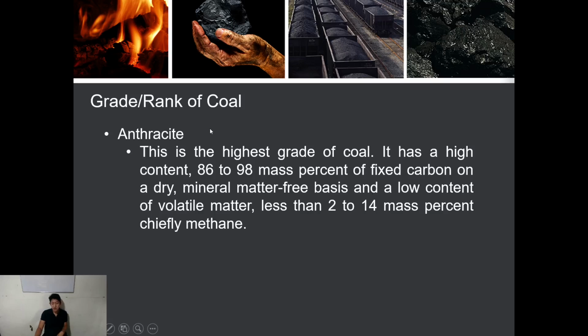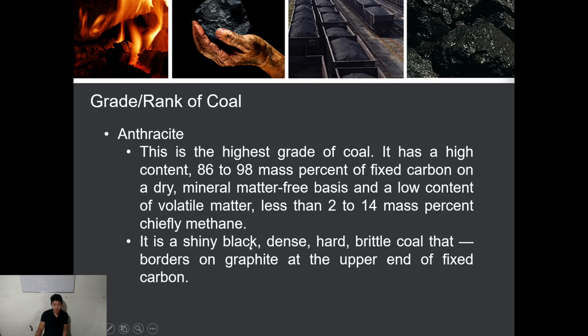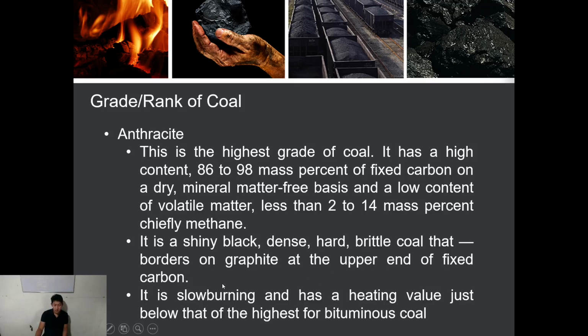This is ranked by ASTM. Anthracite is the highest grade of coal, with 86 to 98% of fixed carbon. It is a shiny black, dense, hard, brittle coal. It is slow burning and has a heating value just below the bituminous coal.